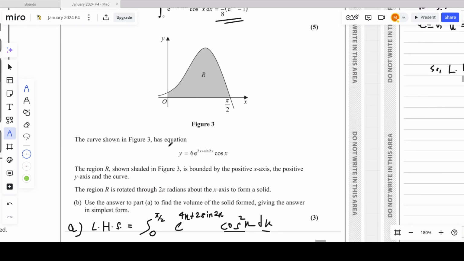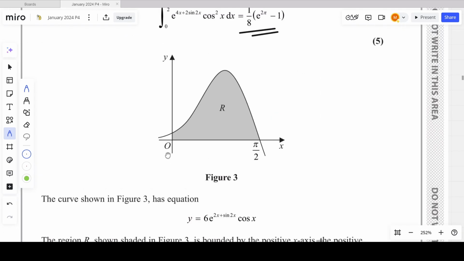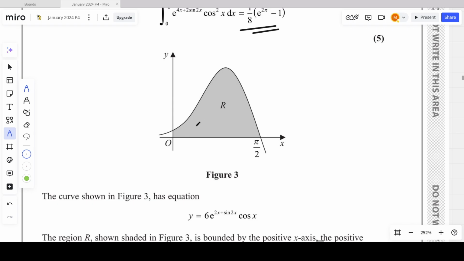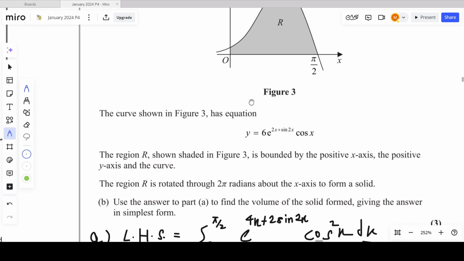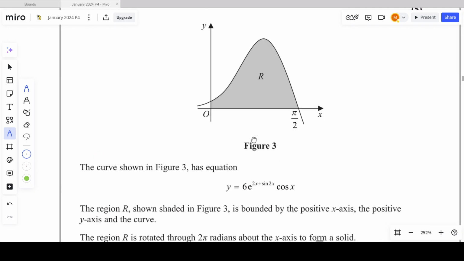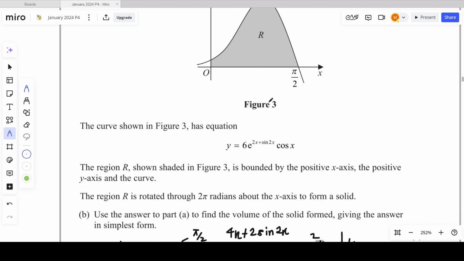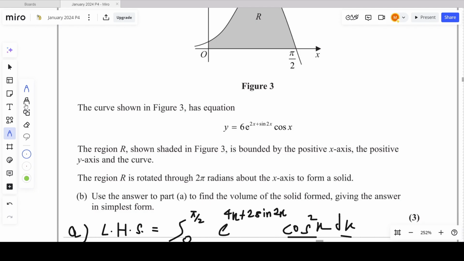Next, for part B, there is a figure 3 you can see given and a shaded region R. So basically, in this question, the region R is bounded. We can see it in the figure.